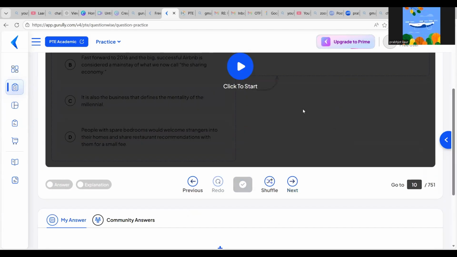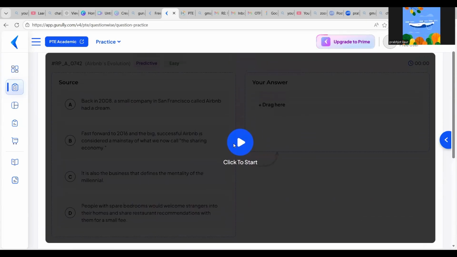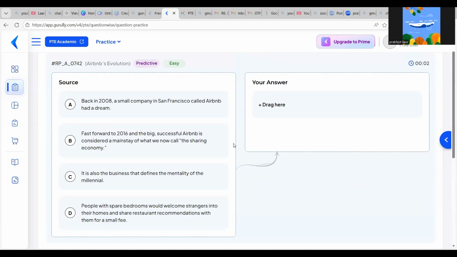Next one is the last one. Back in 2008, a small company in San Francisco called Airbnb had a dream. Fast forward to 2016.